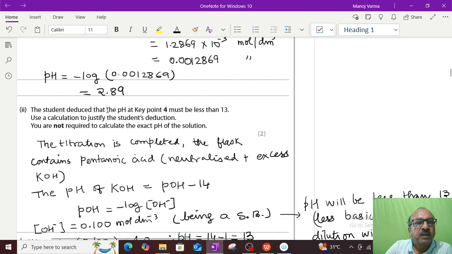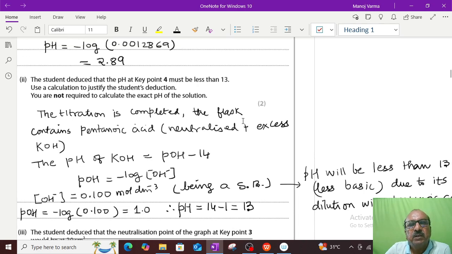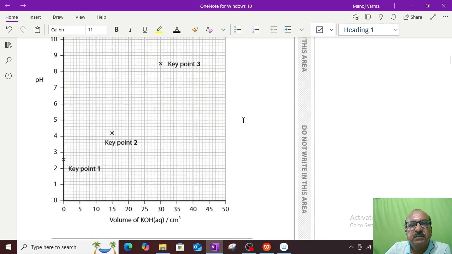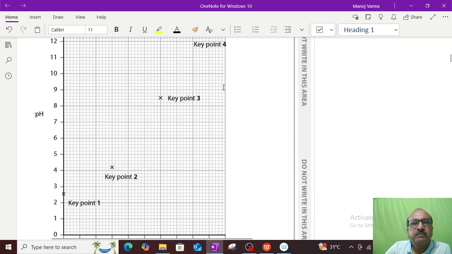Okay. The student deduced that the pH at key point 4 must be less than 13. Use a calculation to justify the student's deduction. You are not required to calculate the exact pH of the solution. So if you look at key point 4 here, the titration has been completed and some excess amount of KOH has been added.